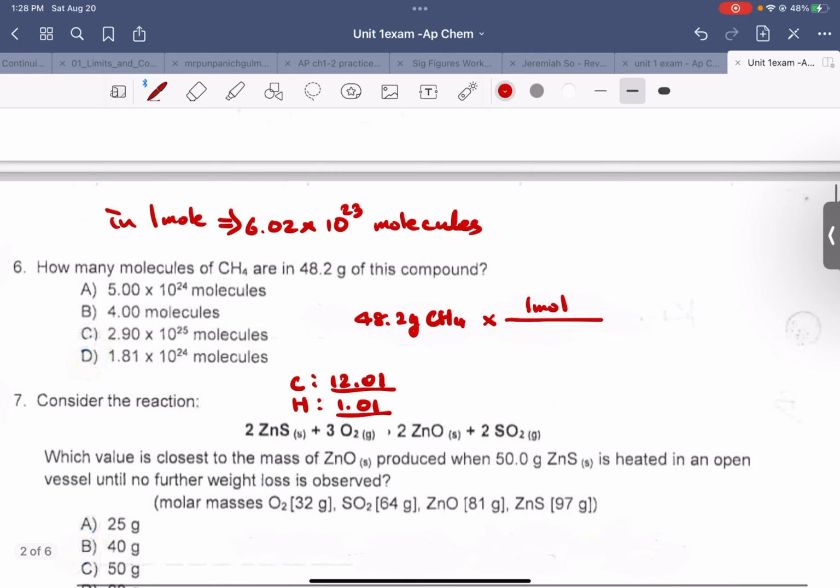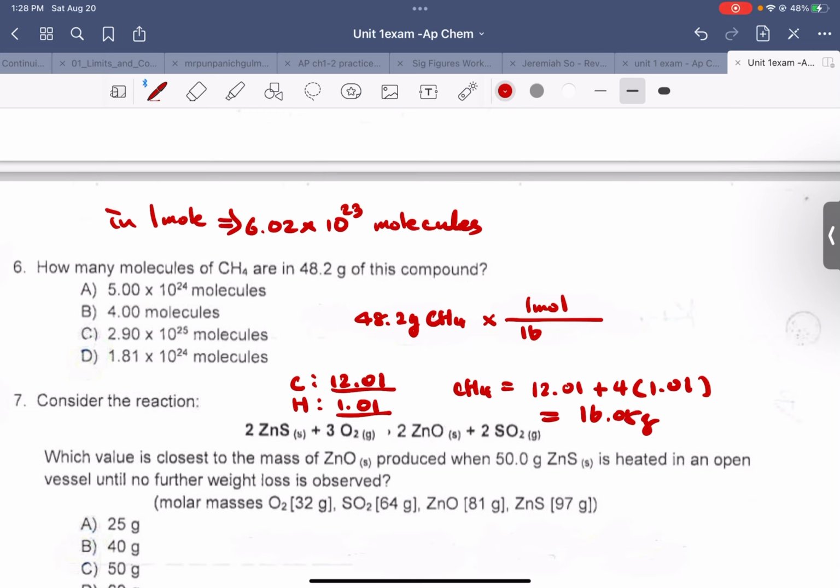So your CH4 molecular mass is 12.01 plus 4 times 1.01. If you compute that, I got 16.05 gram.